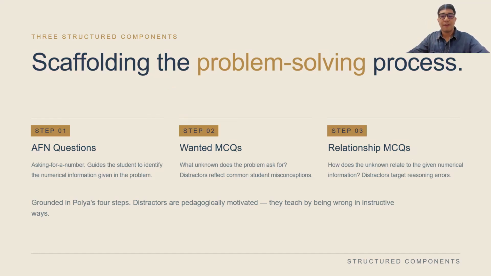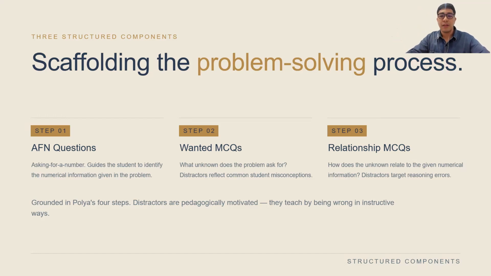So each method problem gets three structured components. We have the asking for a number, AFN, questions, which guide the student to identify numerical information in the method problem. The second one is the wanted MCQs, which ask the students what the unknown is that the question is asking them to find.